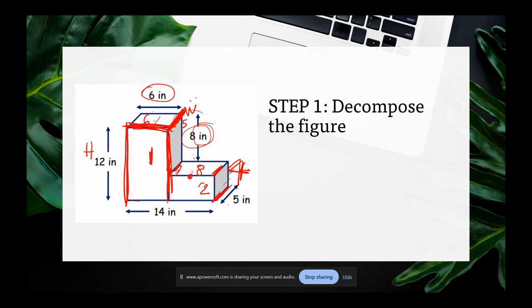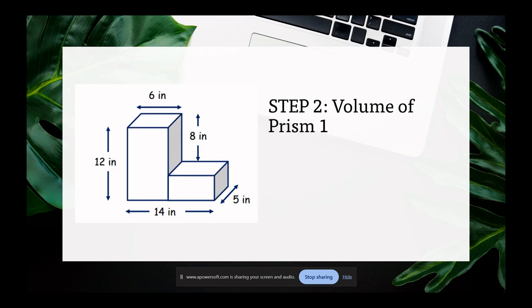So what I would recommend is that you use your pencil and highlight or shade in the information that you have, just like I did here, because it makes it easier to solve. So let's look at the volume of the first prism. The length is 6, the height was 12, and the width we said was 5.